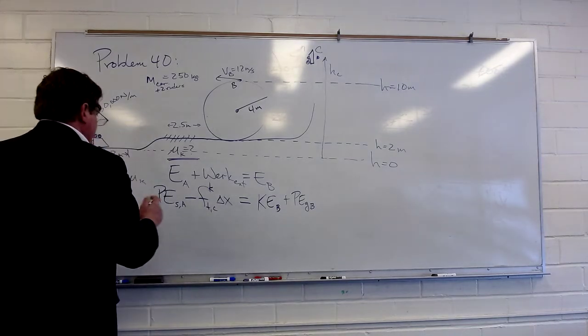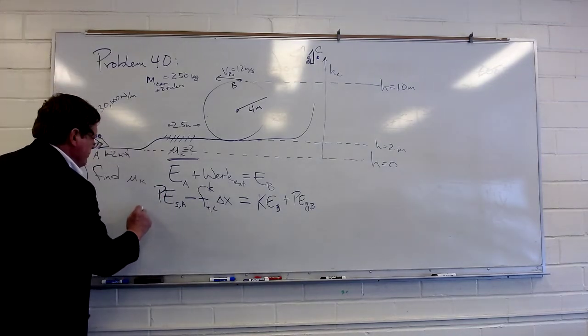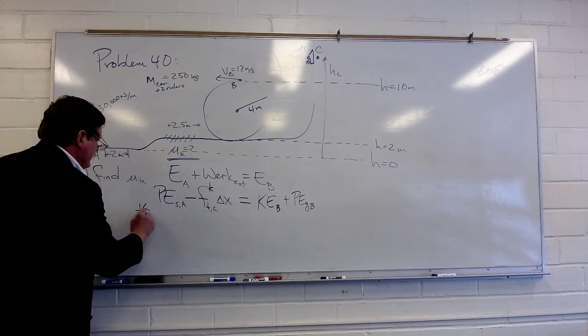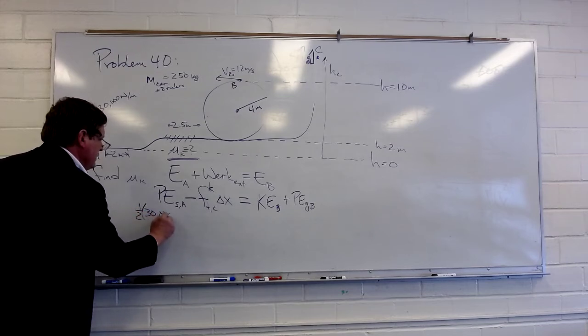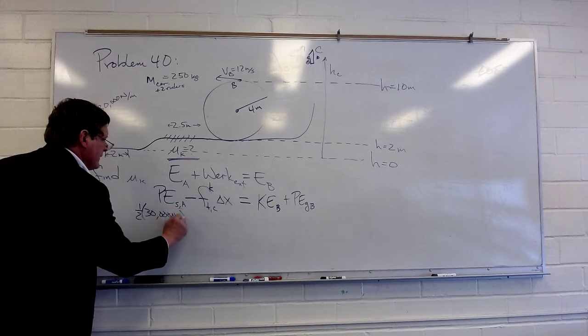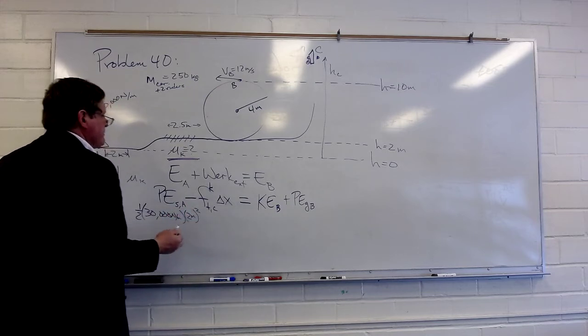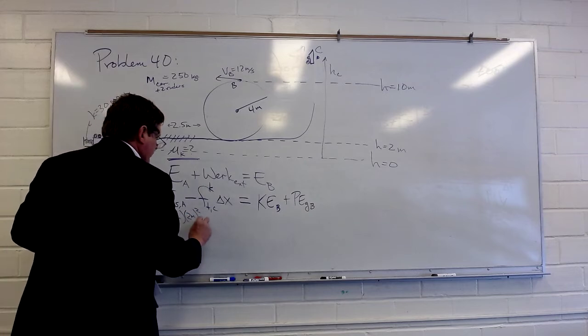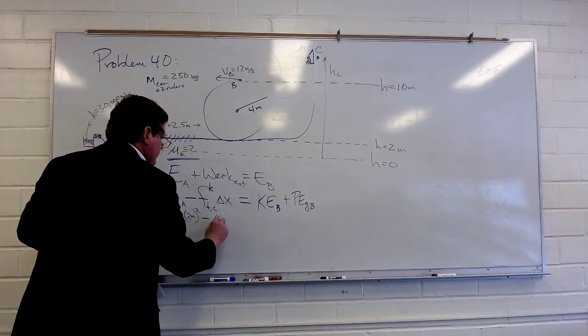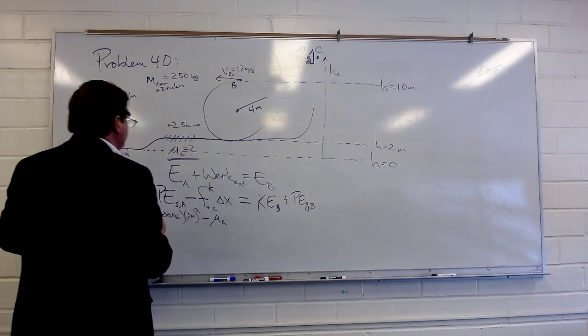And you can see that the potential energy for the spring is 1/2 times 30,000 newtons per meter. It was compressed by 2 meters. I've got to square that. The friction force is going to be mu sub k times the normal force.